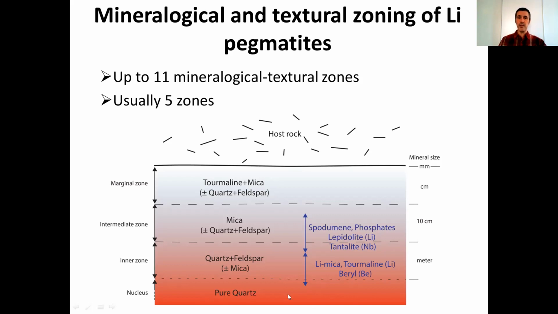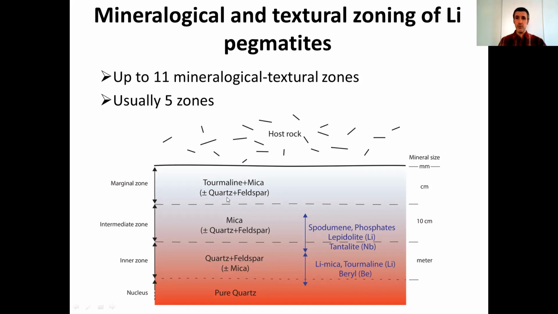Starting from the center, we have the nucleus, which is formed by pure quartz, and progressively we move into what we call the inner zone, which is dominated by quartz and feldspar. We can find also mica. In the nucleus, the crystals are several meters long, while in the inner zone they are only a meter or slightly less in size.